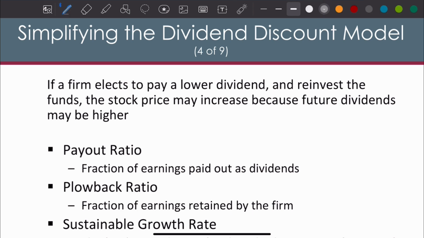Now, this goes back to the point I mentioned at the beginning of this lecture, where the company generates profits normally, and then the financial management of the company may decide what portion of the profits they want to give back to the investors in the form of dividends, and what portion or how much of the profits they want to reinvest in the business in the form of retained earnings.